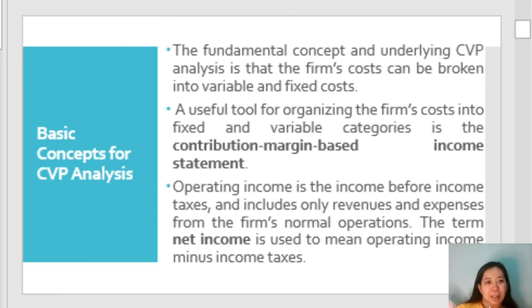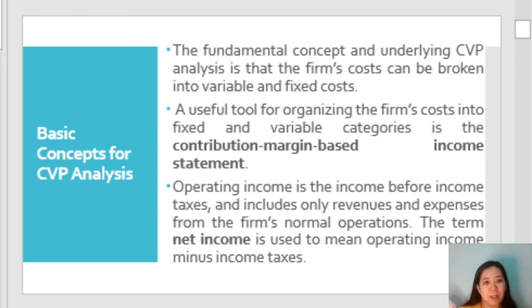Okay, so what are the basic concepts in CVP analysis? So here, the fundamental concept underlying CVP analysis is that, as we have mentioned in the previous slide, the costs can be categorized into variable and fixed costs.